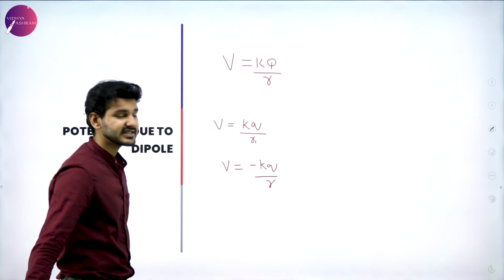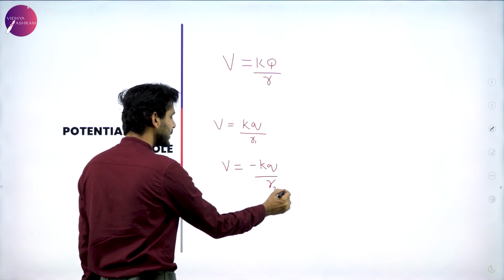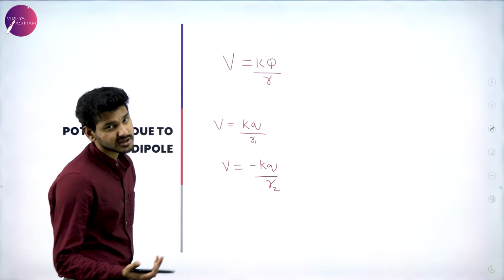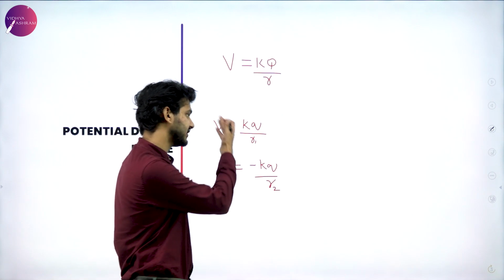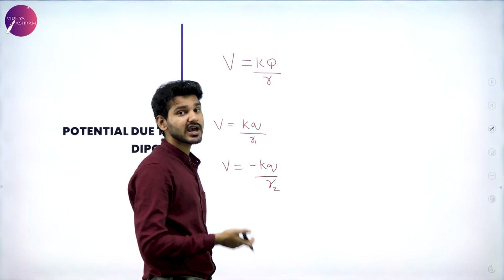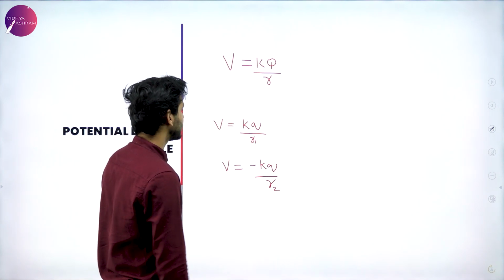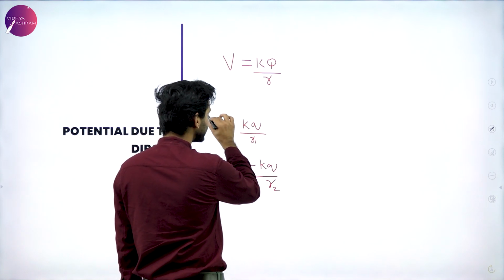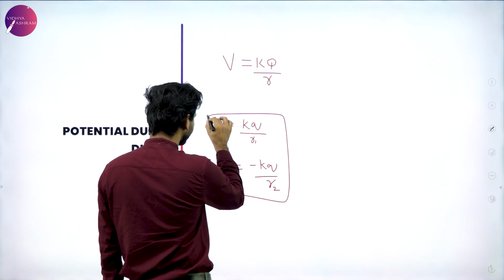The minus sign just indicates that it is a negative potential because it is a negative charge, and the positive sign says that it is a positive charge and positive potential. So these are the two equations we need to consider.